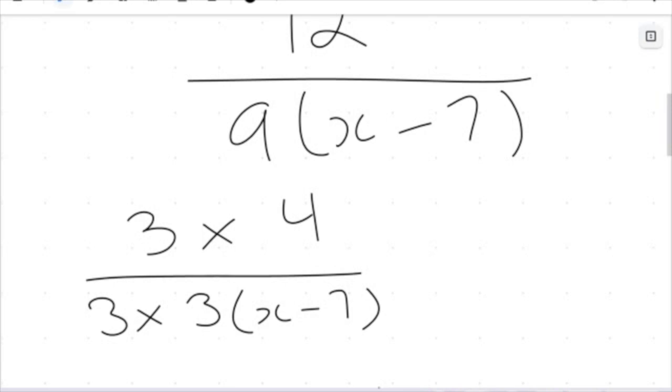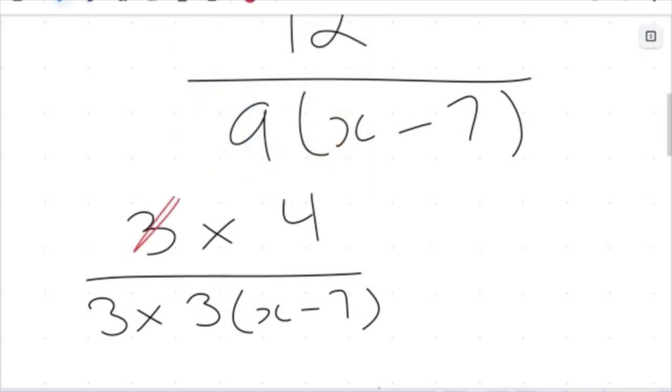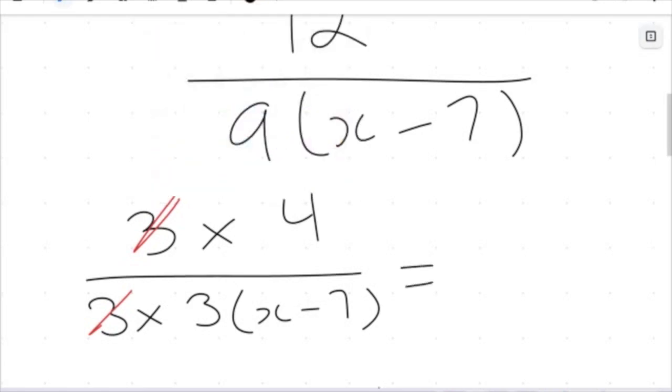And because I have the same factor top and bottom, these 3's will cancel out to 1. So all that is left to do is to just express this without the 3 on 3 because they cancel each other out. So I'm left with 4 on top of 3 outside of x minus 7.